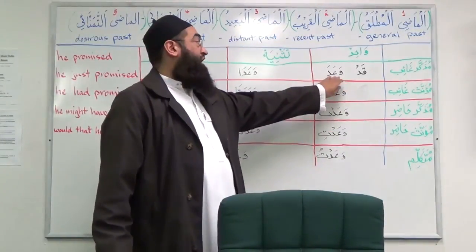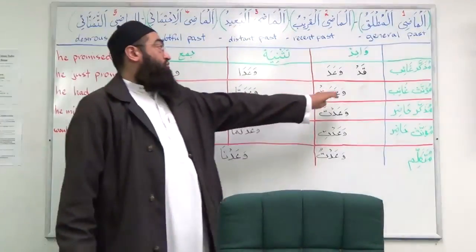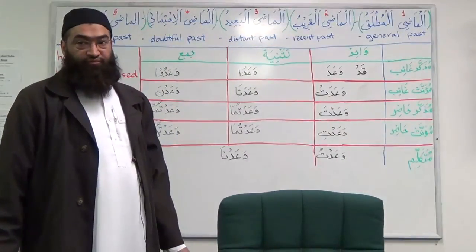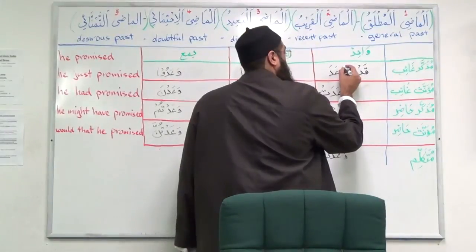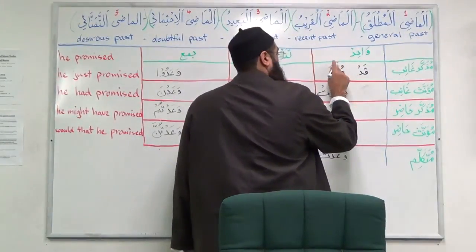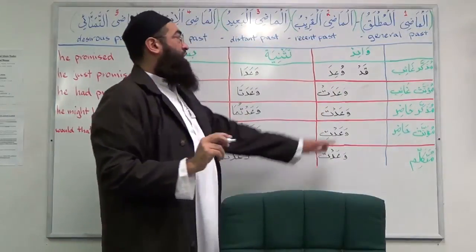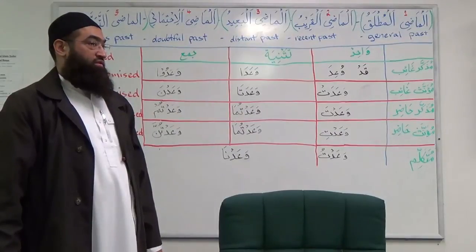So, what will I do to this word right here to make it majhool? Wu'ida, good job. So, we will change the fatha to a dhamma. We will change the fatha to a kasra here, and we'll leave the lam kalima alone. Qad wu'ida, that one man just got promised.